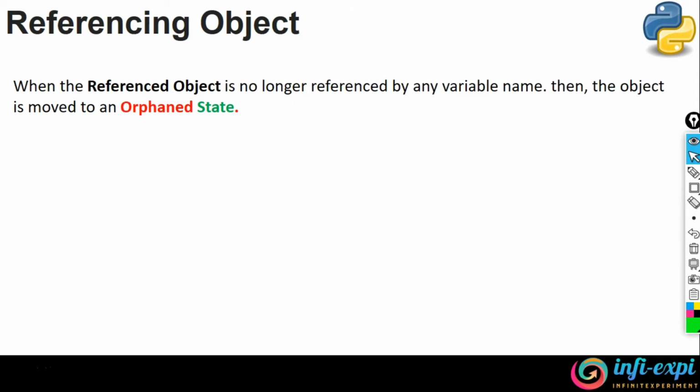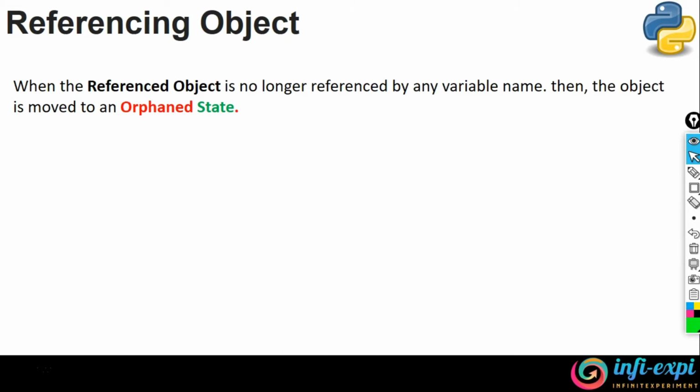Orphaned state is a state where there is no dependency for that particular referenced object, and ideally that object is eligible for garbage collection. So once a referenced object is moved into the orphan state alone, the object is eligible for garbage collection. But how is it moved to the orphan state? When the number of variables referencing that object stays 0.